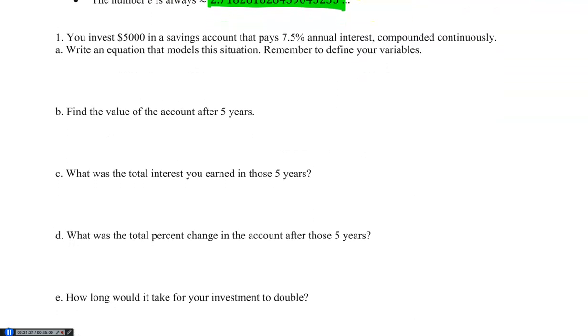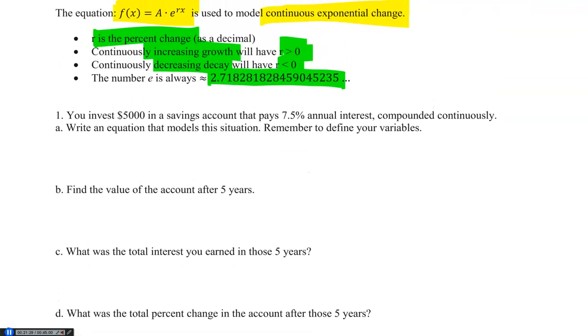Number 1, you invest $5,000 in a savings account that pays 7.5% annual interest, compounded continuously. Write an equation that models this situation. Remember to define your variables.